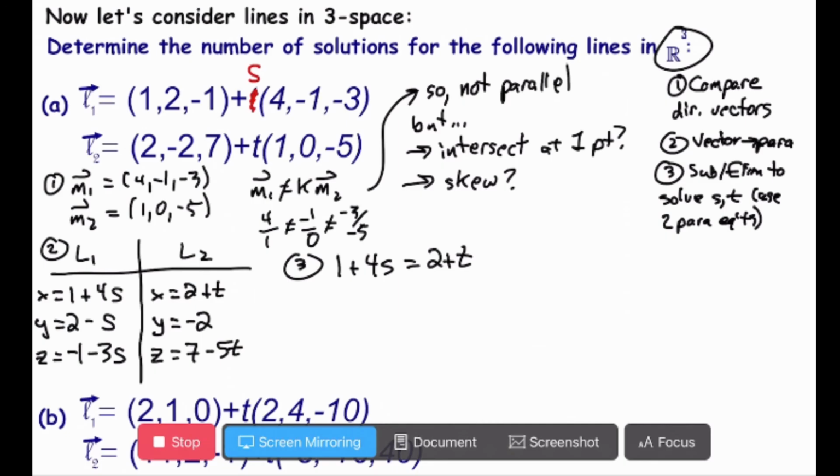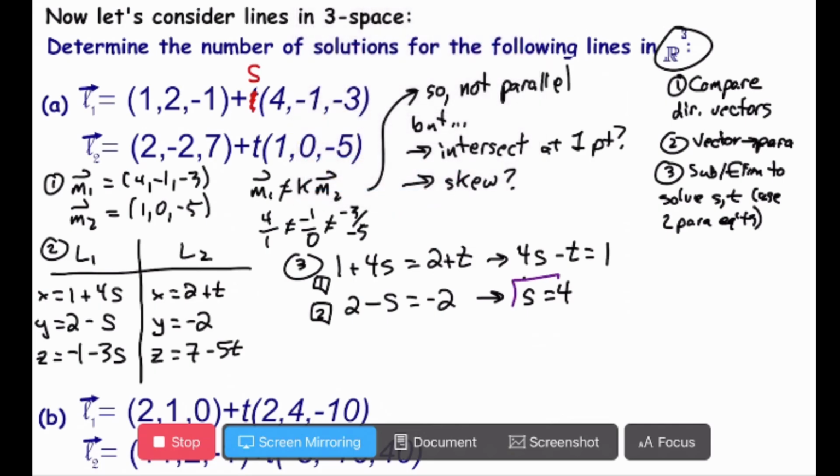That'll be my equation 1. My equation 2 is 2 minus s equals negative 2. We can tidy those up a little. As I rearrange, I find that 4s minus t equals 1, and 2 plus 2 is 4, so s is equal to 4. We've actually solved for s already. That was convenient, so let's highlight that. We're going to come back to that.